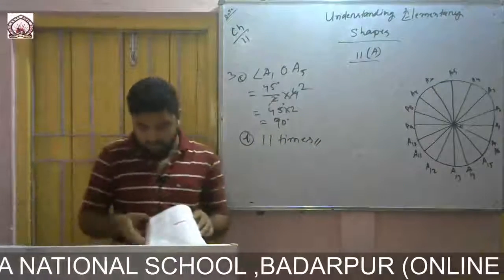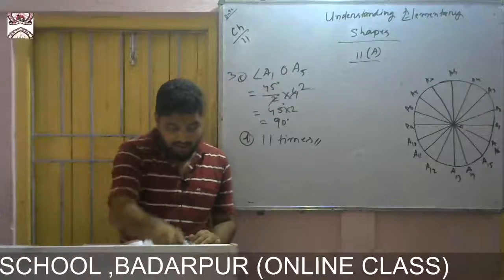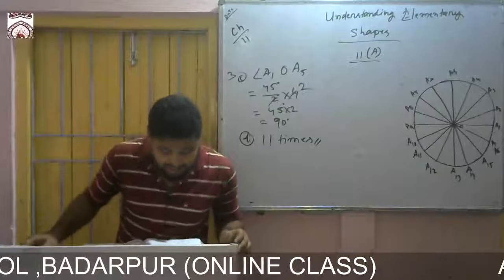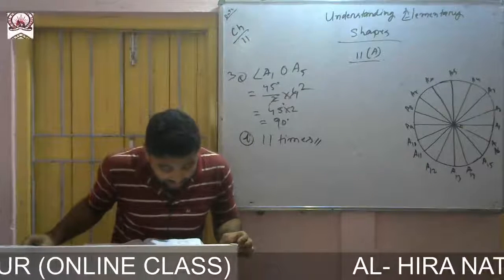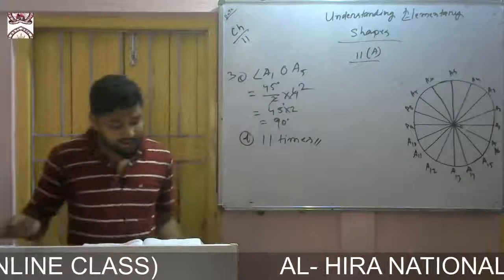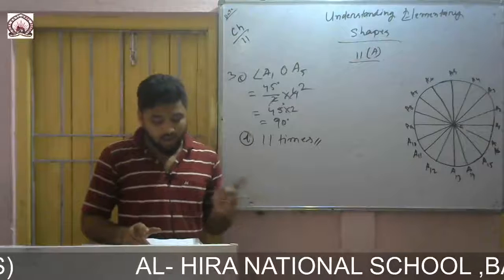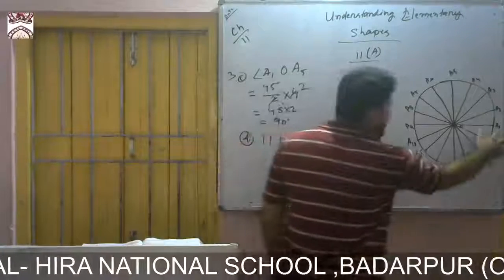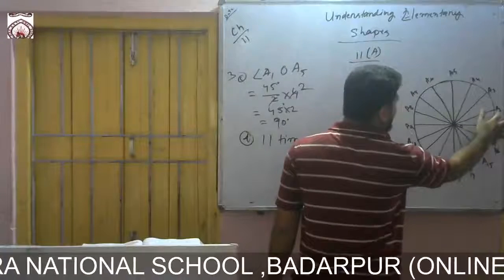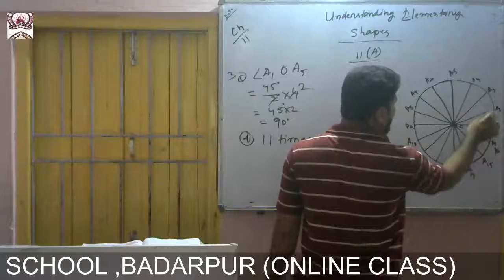Now let's move to question number E. How many times is the angle A1OA4 the angle A1OA2? That means in A1OA4, how many times is A1OA2? 1, 2, 3.